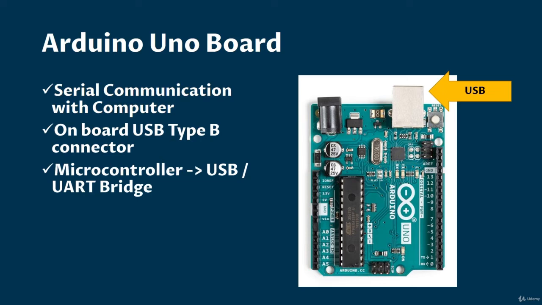It supports TTL. So the USB signals coming from a computer are not directly received by the controller. There is a USB UART bridge which converts the USB signals into TTL and TTL signals to USB. That way the microcontroller communicates with the computer.